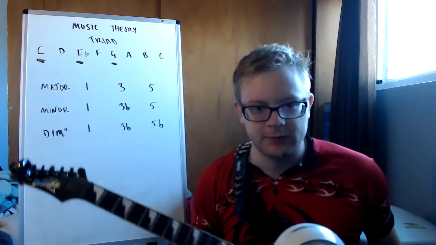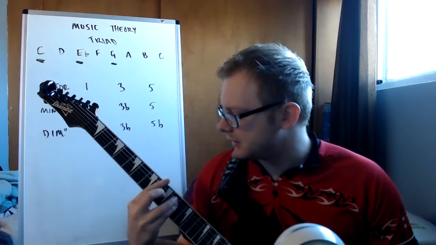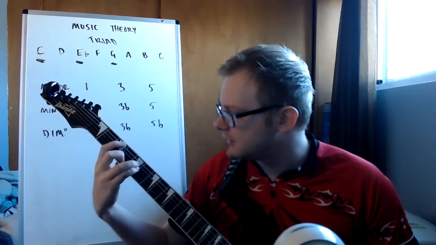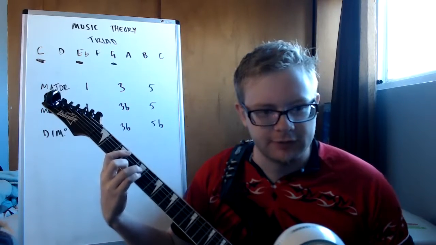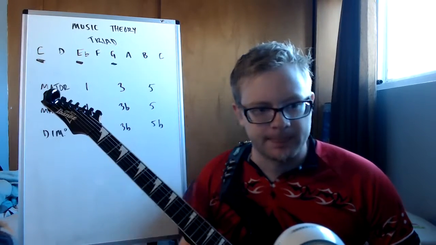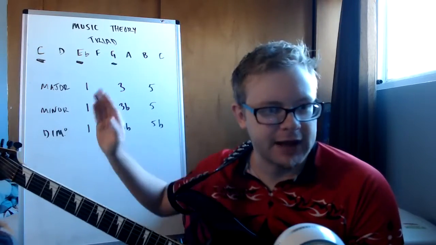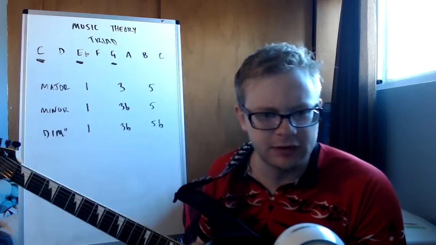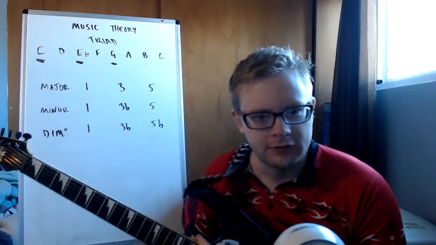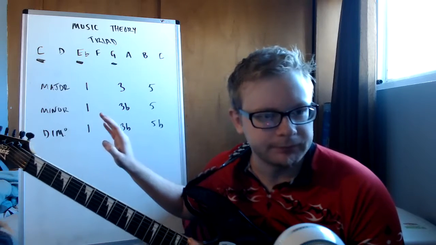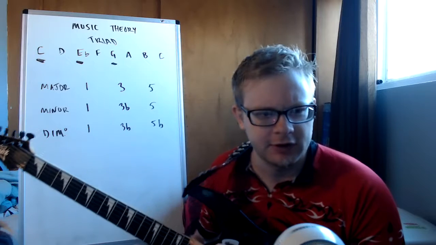So in order for me to be able to play a C minor, I would have to find a C note. Let's try here, and I just happen to know the position of a bar chord here. Anyway, that's all that has to happen. We have to flatten that third, and we're looking more at music theory here, not really at how to play it on the guitar, so you don't need to really know the tabs here. We just know that in a minor chord you basically have a flattened third.